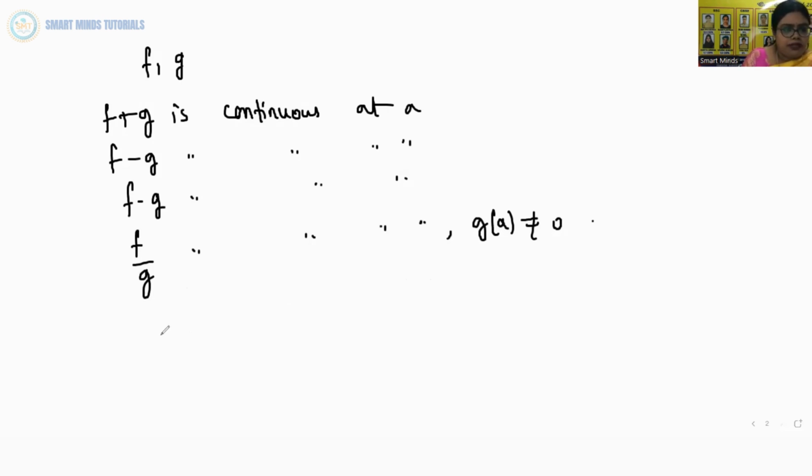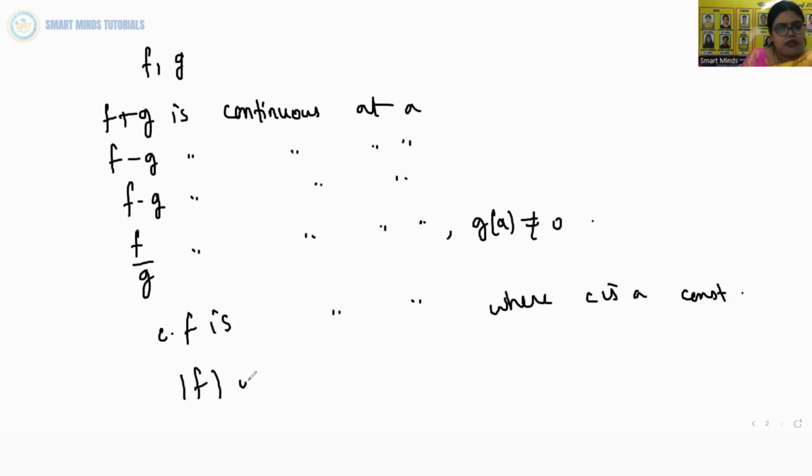One more property is c into f is continuous at a, where c is a constant. And mod f is a continuous function at a.